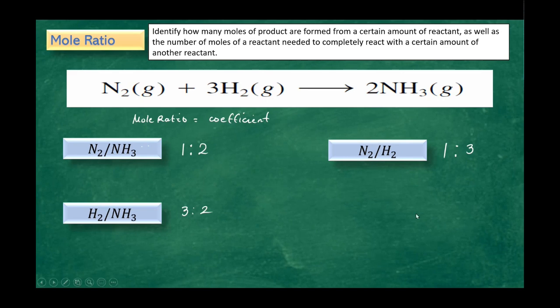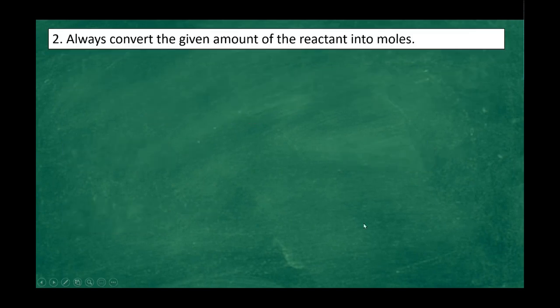Okay, so let's proceed. In step 2, we have to convert a given amount of the reactant into moles. Before we go there, we have to first find the molar mass. From our previous lesson, we already know what a molar mass is, and we also know what percent composition is and how to compute for it.